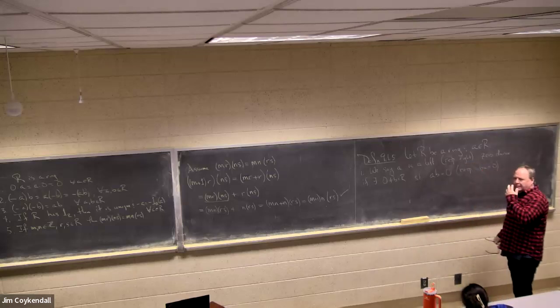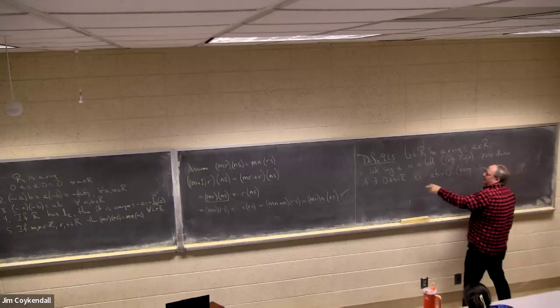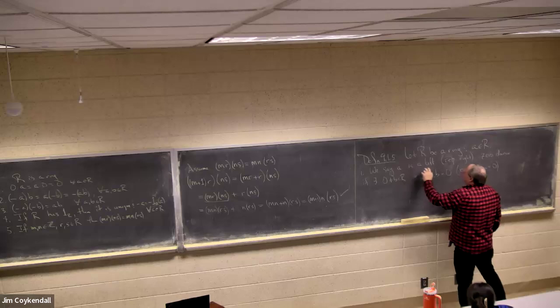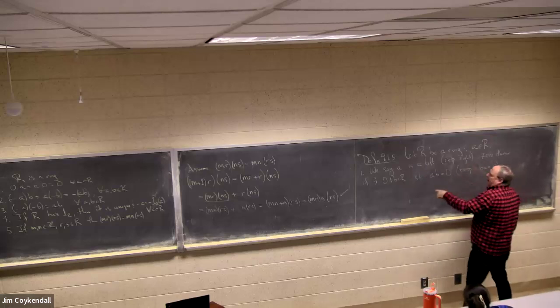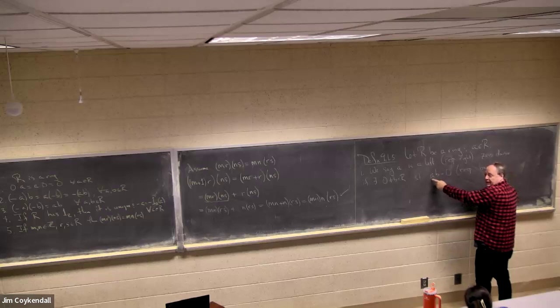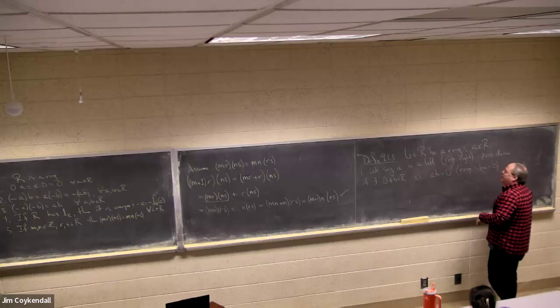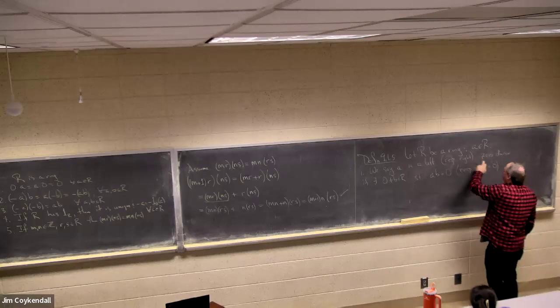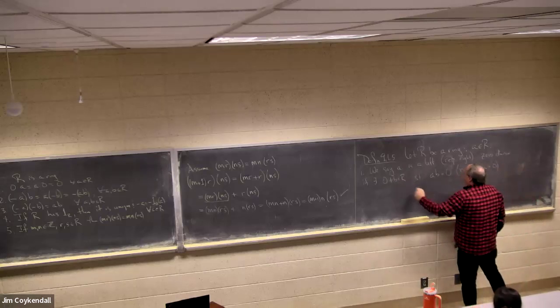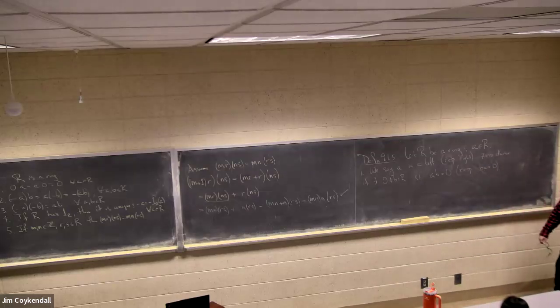Well, respectively means you can read that second. So you say that A is a left zero divisor if there's a non-zero B such that A times B, so when you hit B on the left of A, you get 0. B has to be non-zero. We say it's a right zero divisor if there's a non-zero B such that when you hit it on the right, you get 0. It does not have to be the same B.